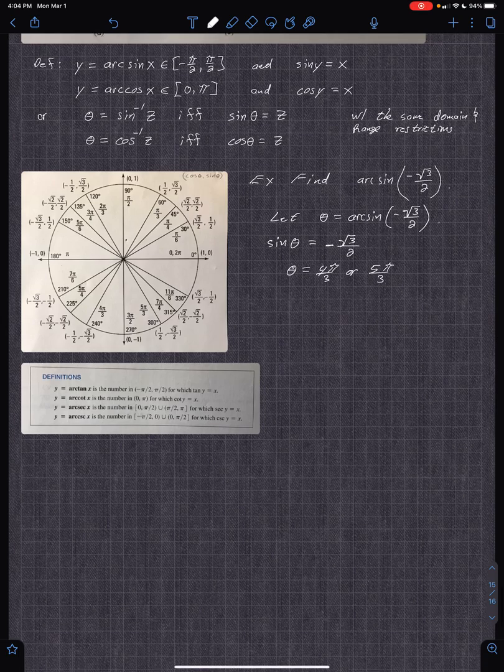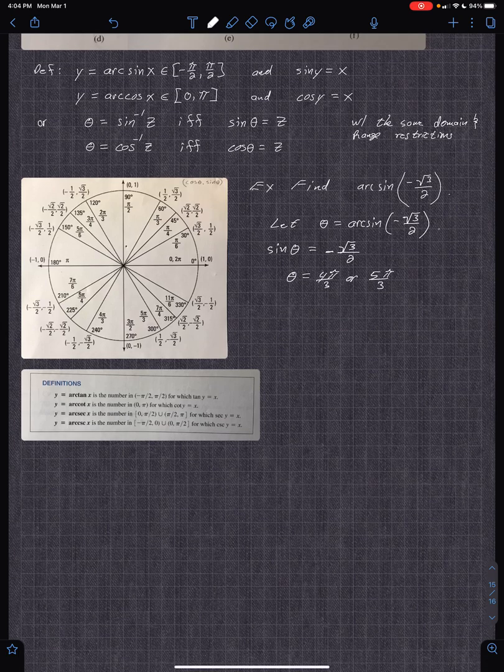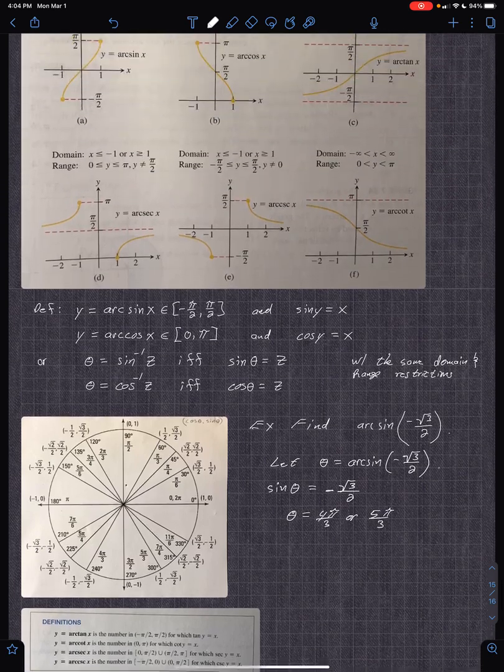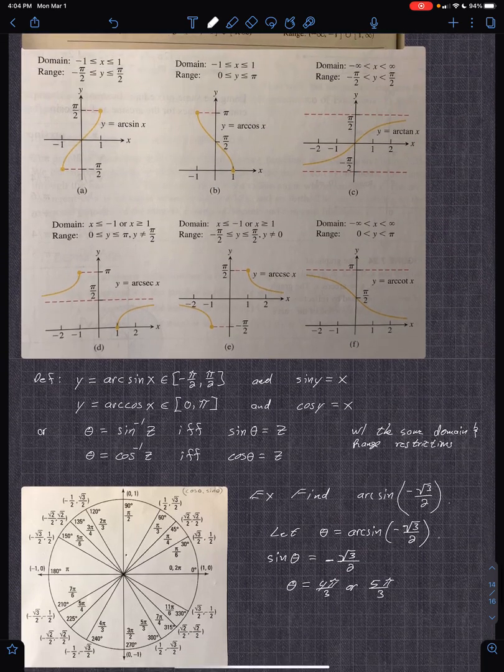But what is our domain of arc sine? You have to go back and see what values this can be. Those values are between negative pi halves and pi halves. Neither one of these values is between negative pi halves and pi halves. So they're not in range.